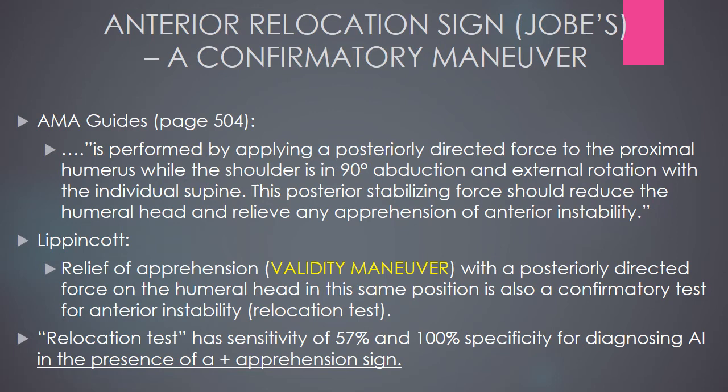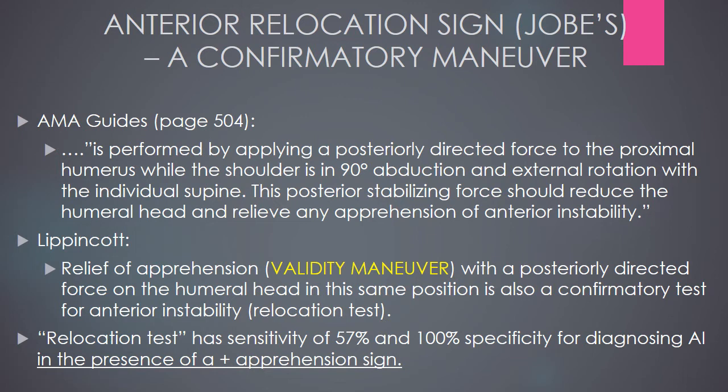Now, according to Lippincott's Orthopedics, they state that relief of apprehension with a posteriorly directed force on the humeral head is a confirmatory test for anterior instability, and they refer to this as the relocation test. Now, the relocation test has a 100% specificity for diagnosing anterior instability in the presence of a positive apprehension sign.